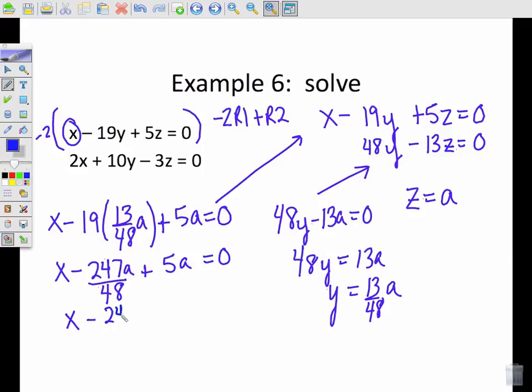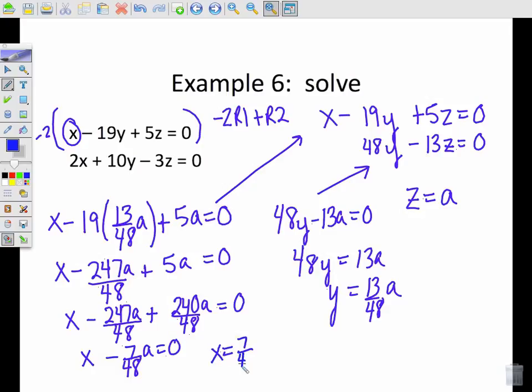We need a common denominator, so it's x minus 247a over 48 plus, and 48, we need 48 times 5, which is 240. We're just going to keep solving. Add these together, so this would be minus 7/48 a equals 0, so x equals 7/48 a.